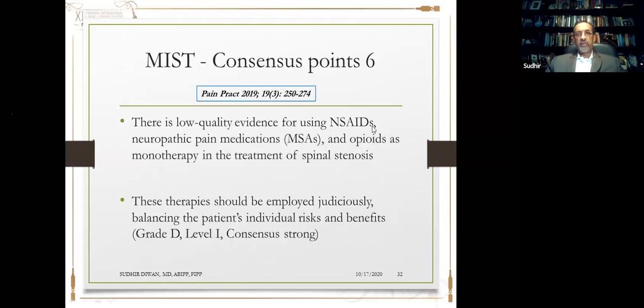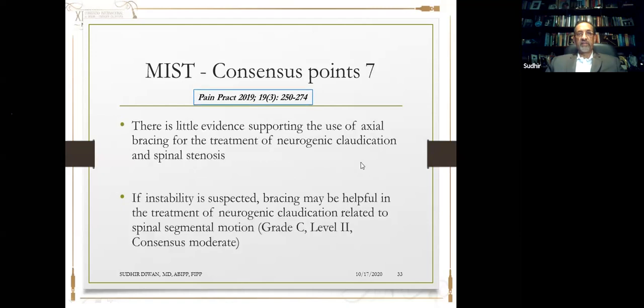Their tolerance to medication is very low, and their side effect profile is very poor. So they really don't do very well on the medications, and you have to be very careful because interactions with other medications have to be addressed. This therapy should be employed judiciously, balancing the patient's individual risks and benefits when you treat them with medication.